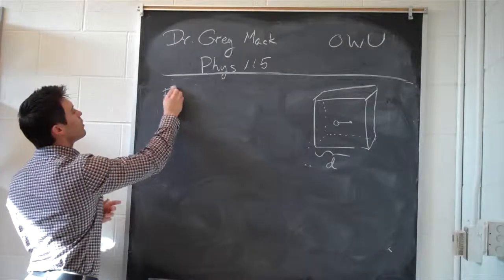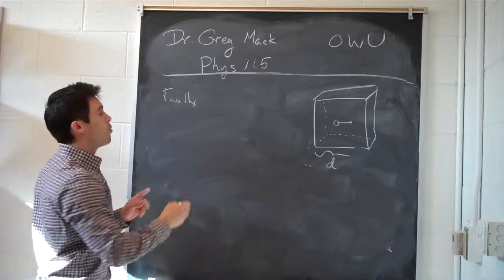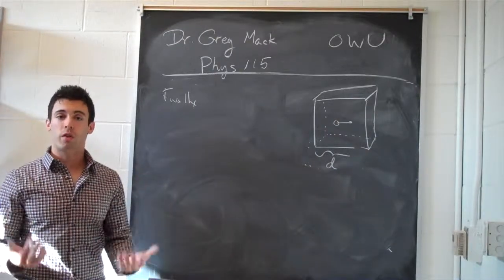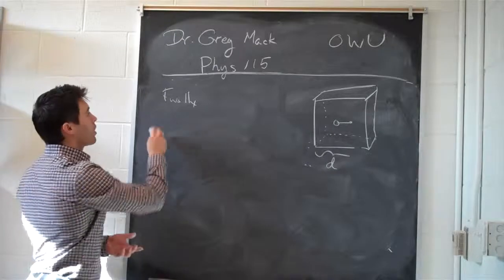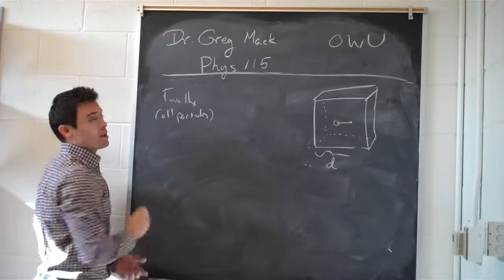So F wall x for one particle was mp times Vx squared divided by d, but now I want to look at it for all particles that have some component in the x direction.